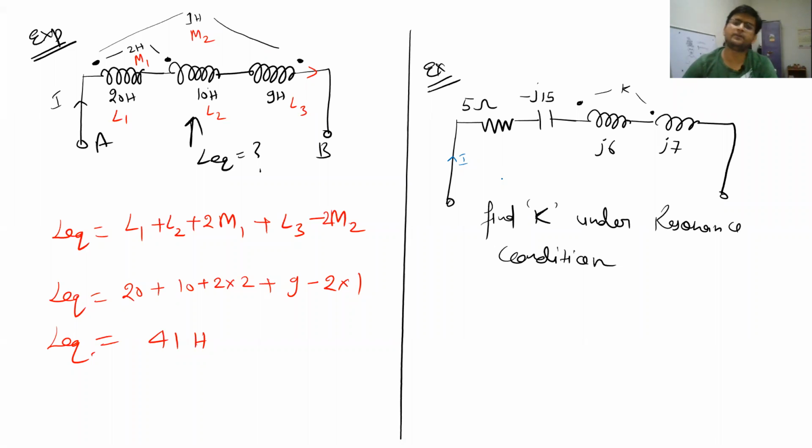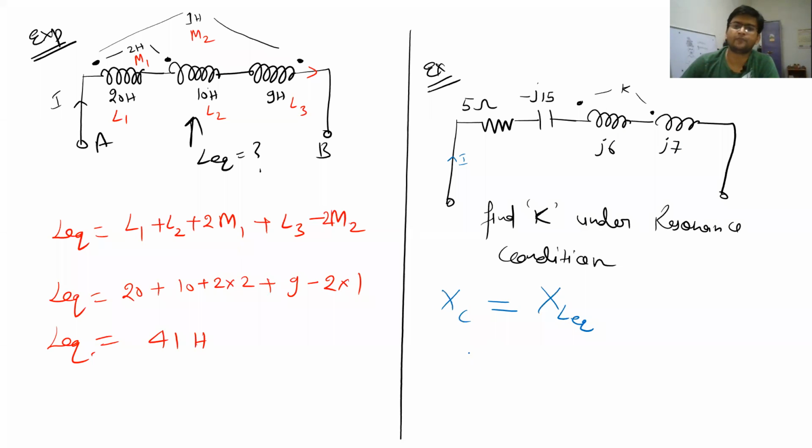In the second example, we have to find the value of K, which is the coupling factor between these two coils under resonance condition. This is a series RLC circuit, and you know that under resonance condition, the capacitive impedances cancel out the inductive impedances. So the total value of XC should be equal to total value of XL equivalent, whatever is the equivalent inductance value.